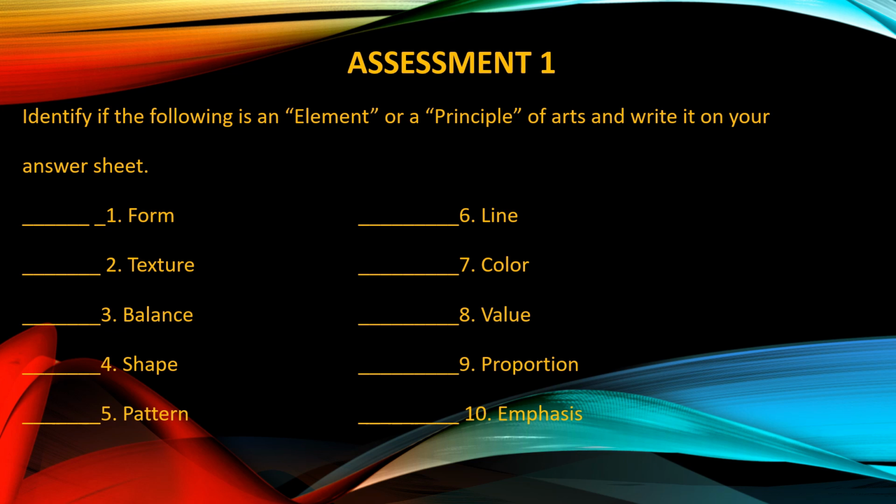Alright, let's proceed now to our assessment 1. All you have to do is to identify if the following is an element or a principle of arts and write it on your answer sheet. You can pause this part for you to be able to answer the assessment number 1.